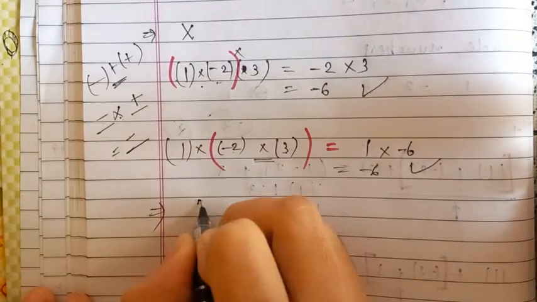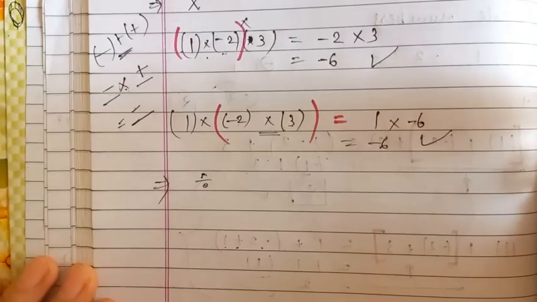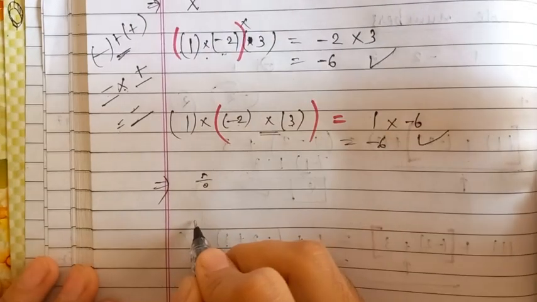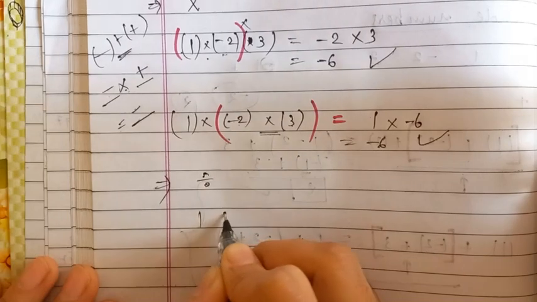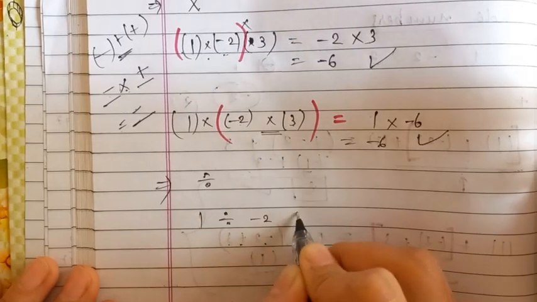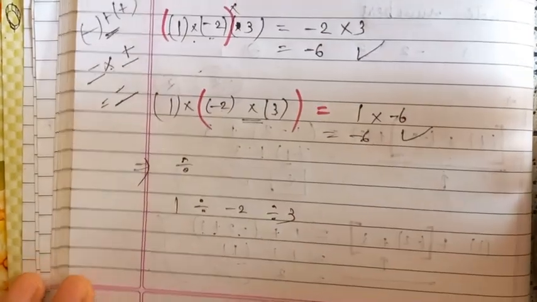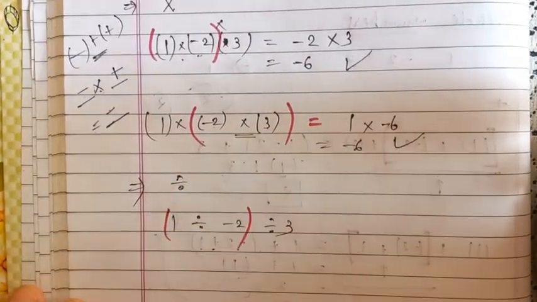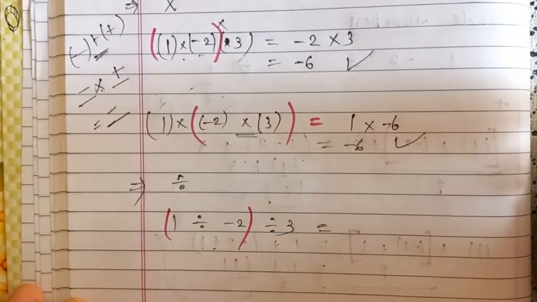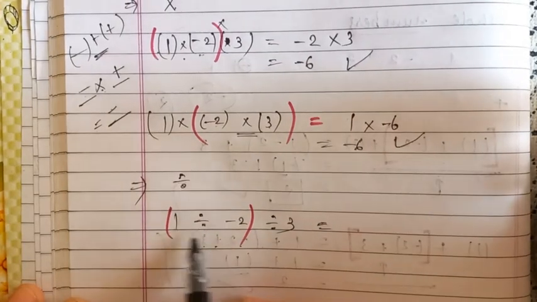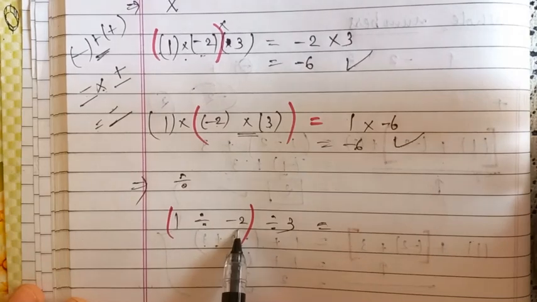Now it's the turn for division. Again we take the same numbers. First we make a group of these two. So 1 divided by -2.